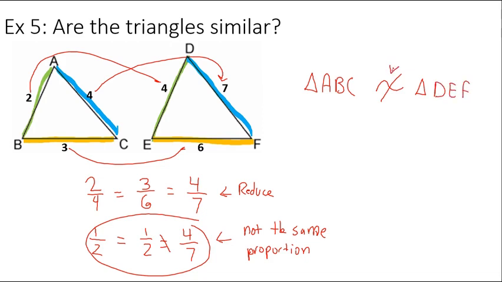And remember, this means not similar. You say triangle ABC is not similar to DEF because the sides are not proportional.